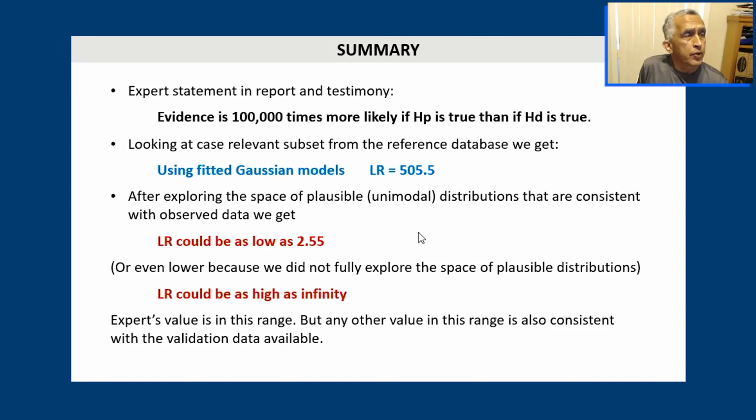Typically, from my knowledge of what happens, 100 to 200 internal validation data would be available that covers a range of possible number of contributors, template amount, etc. So if you look for case similar validation samples, you would find very few or sometimes none.